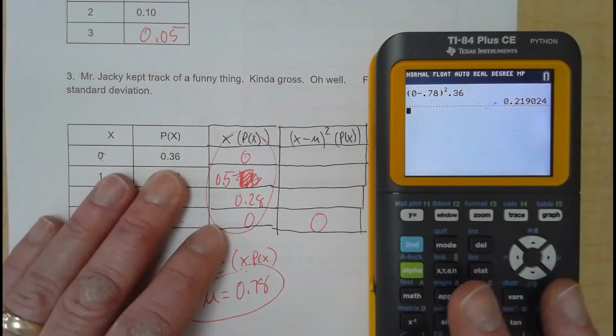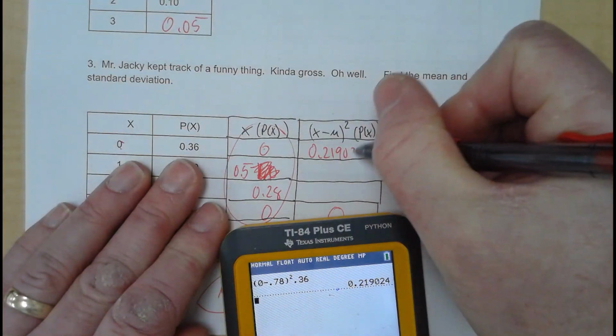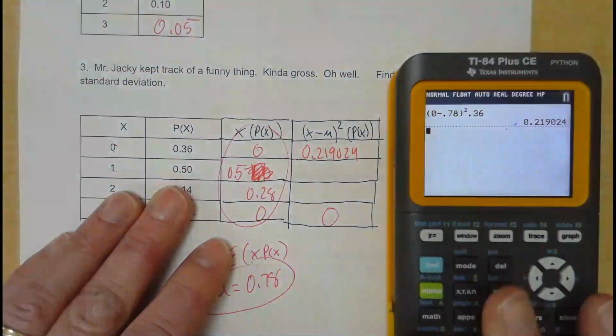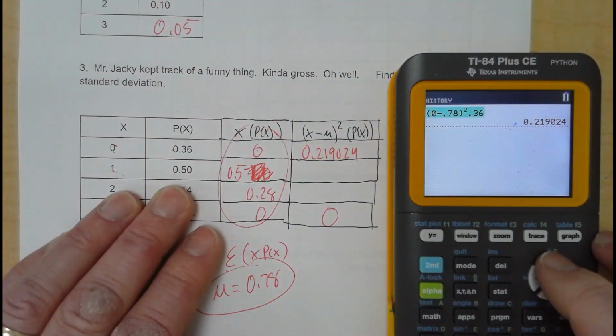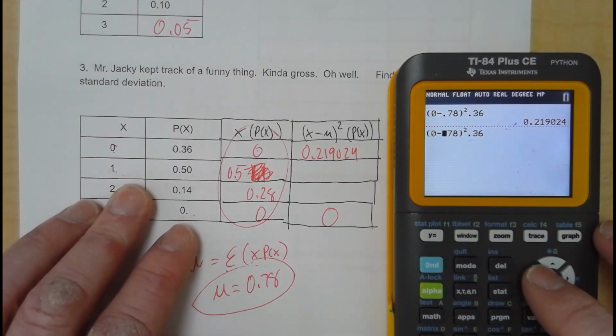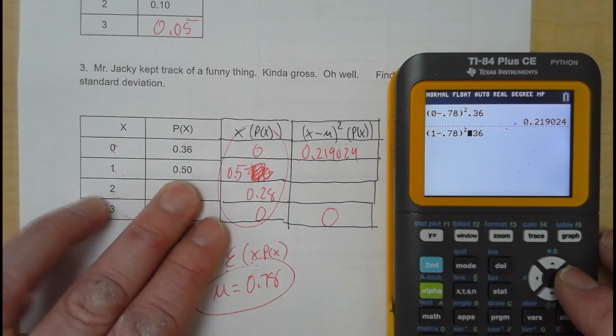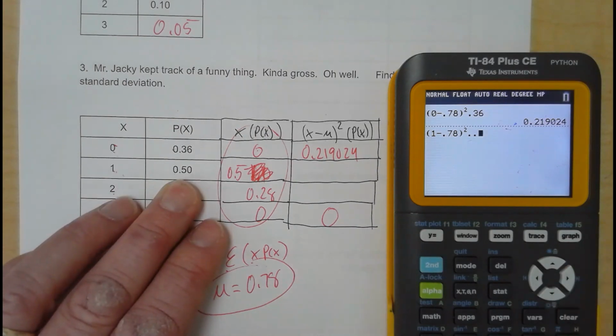And it looks like I kept track of all these decimals. 219024. Okay, and we go up arrow, copy paste. So then we're going to do the next one, x, which is 1, minus mu, which is the same, times the probability, which is 0.5.